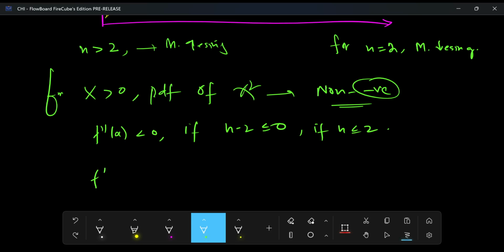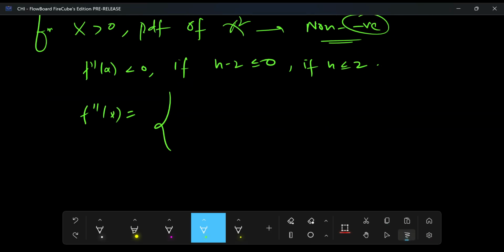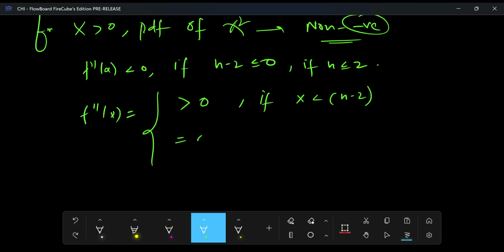So f double dash x is greater than 0 if x is less than n minus 2. F double dash x is equal to 0 if x is equal to n minus 2, and this is less than 0 if x is greater than n minus 2.